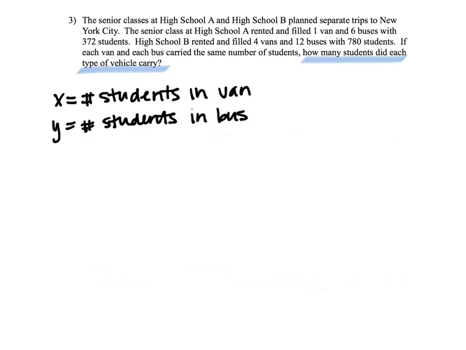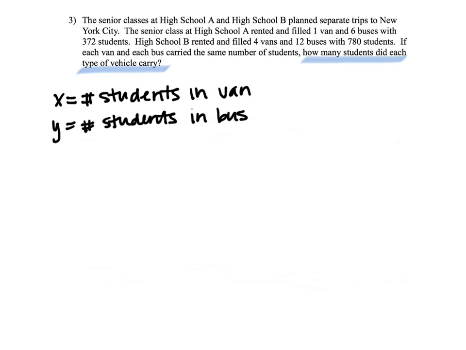Since we have information for each high school, essentially we're going to write an equation based on High School A and another equation based on High School B. So our equation based on High School A, I'm going to go back and find the information where it's talking about High School A. So we're right here.